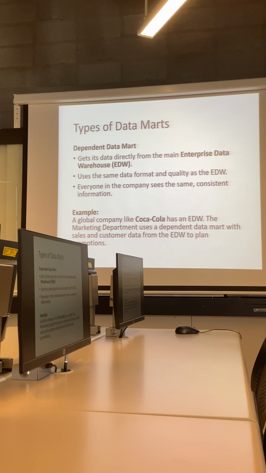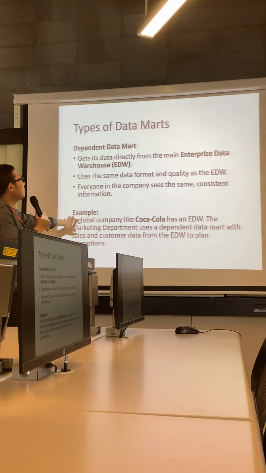For example, a global company like Coca-Cola has an EDW. The marketing department uses a dependent data mart with sales and customer data from the EDW to plan promotions. So everyone can see. One senior, I think he has graduated, worked at IKEA before, and in the IKEA office there is real-time data like this.